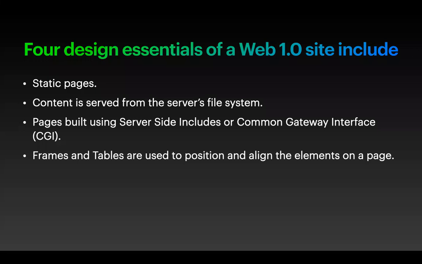Content was served from the server file system. Pages were built on the Common Gateway Interface, which we call CGI. Frames and tables were used to position and align. You can understand that websites were made only with the help of HTML and CSS. CSS was also not that evolved.